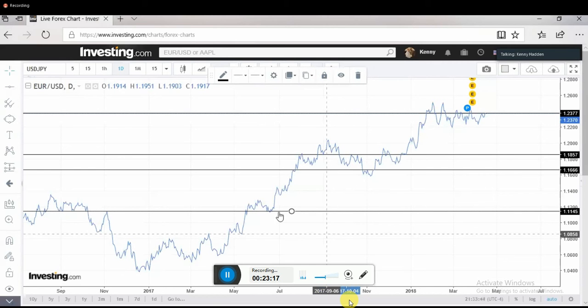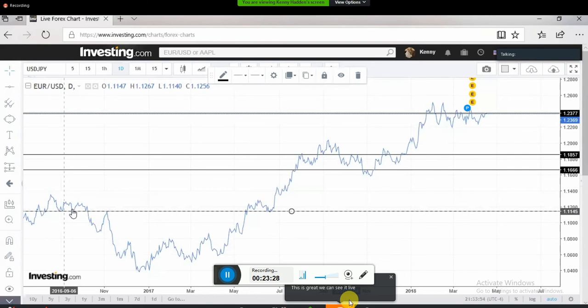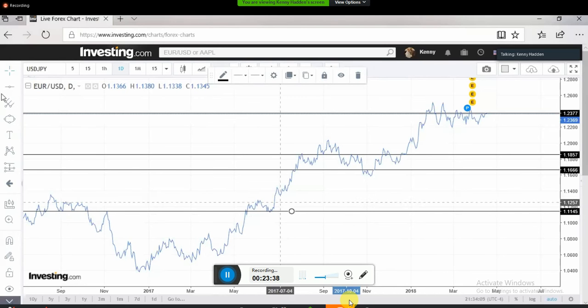Here you got a mixture. You got an overlap right here, and you got an overlap right here. You got a lot of tapping right here, with tapping resistance, tapping support, but no gap right there. And I'll do one more.